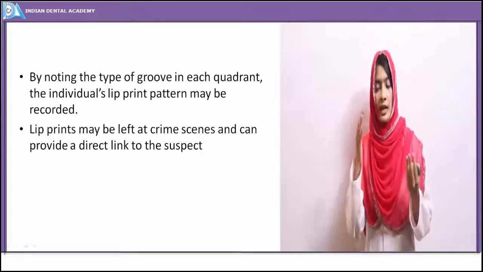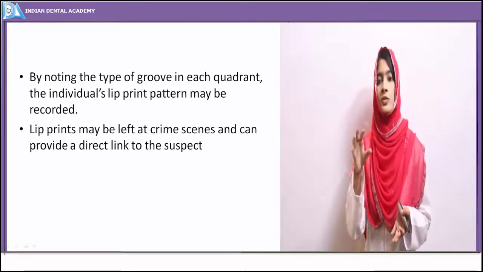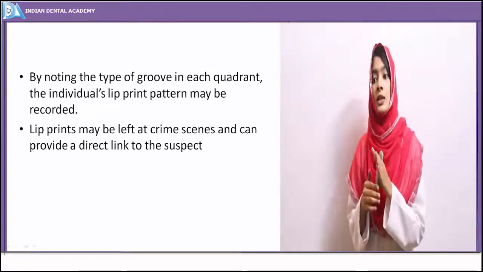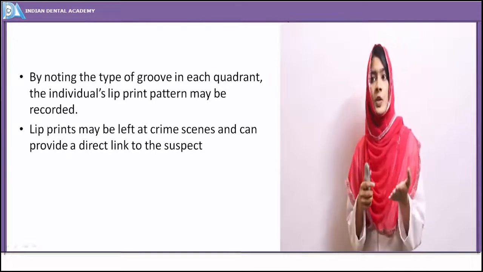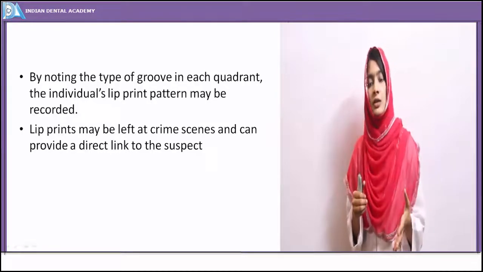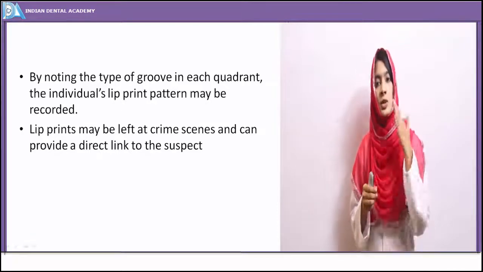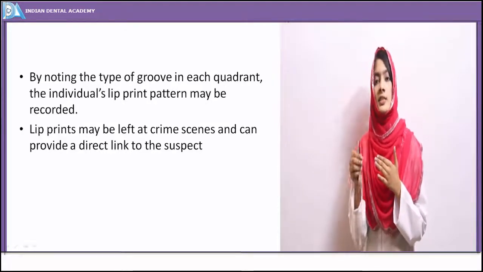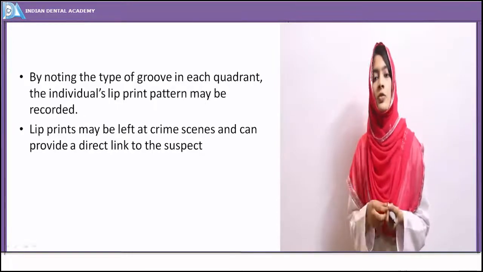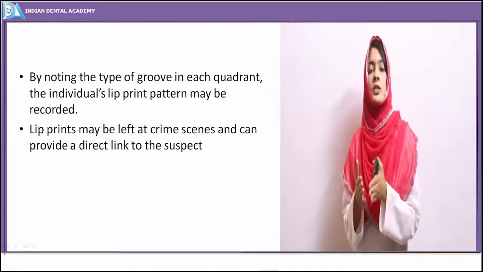Along with the characteristic grooves, a few sebaceous gland openings are present along the vermilion border or zone. Even where lip prints are masked, because nowadays there are lipsticks that do not leave any mark on the surface they come in contact with, the sebaceous glands present in the vermilion zone secrete a little oil, and that helps in giving us the lip print.